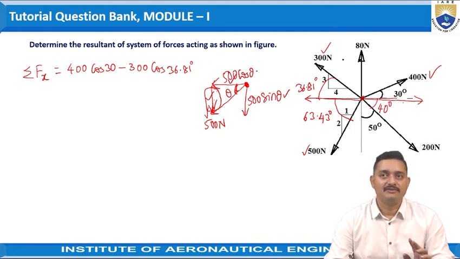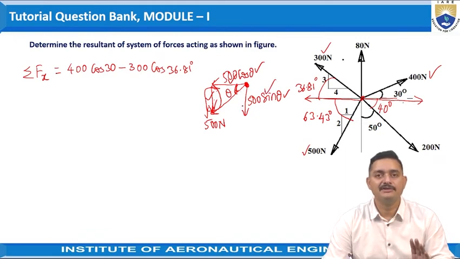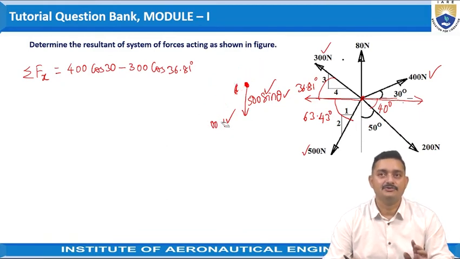So in this way, 500 cos theta and 500 sin theta are the mutually perpendicular component forces of the given force 500 newtons. This will be taken care of only when the given force is acting in an inclined direction. You need to keep that in mind.